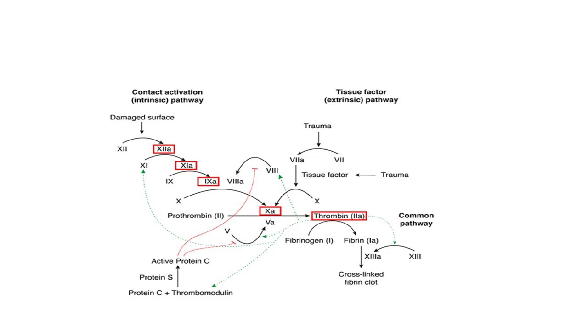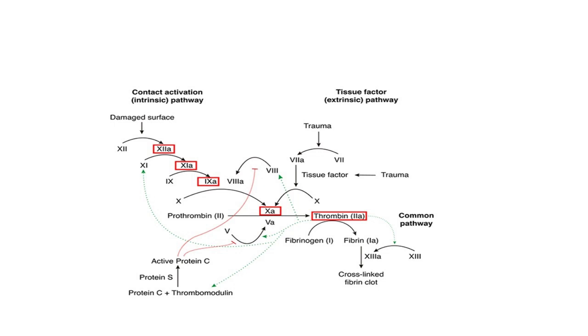Thrombin also activates factor XIII to XIIIa, which cross-links fibrin and stabilizes the clot. In addition, thrombin amplifies the cascade by activating factors V, VIII, and XI, creating a positive feedback loop.